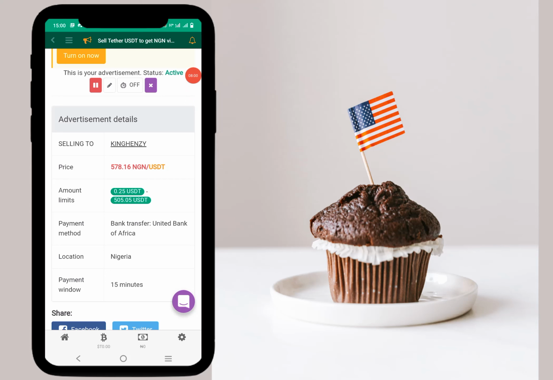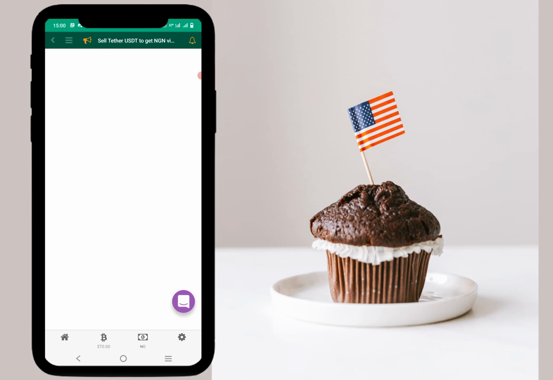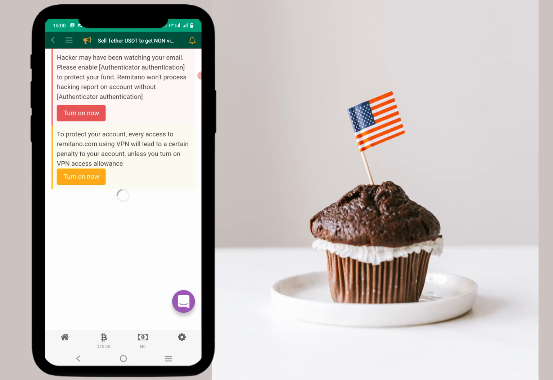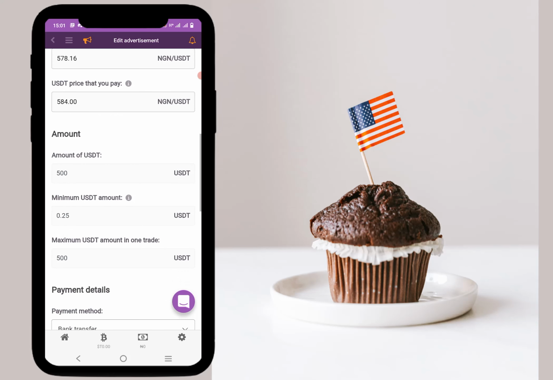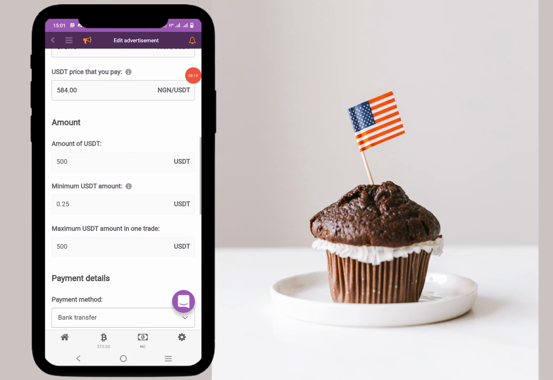So if I click on edit here, I can edit the limit. Probably I need people who want to sell as much as $1,000. So I will edit my limit here. I can set the minimum that I want. I can say the minimum I want is 50 USDT.